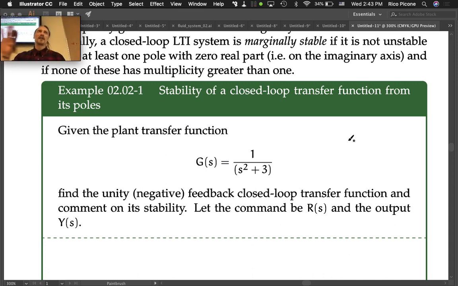The feedback just goes straight to the command. That's what unity feedback is referring to. And negative means that we do the subtraction instead of addition in the summing junction. So it's standard, just the way that we drew our block diagram in the last lecture, or 2 lectures ago, I guess. Let the command be R and the output be Y.